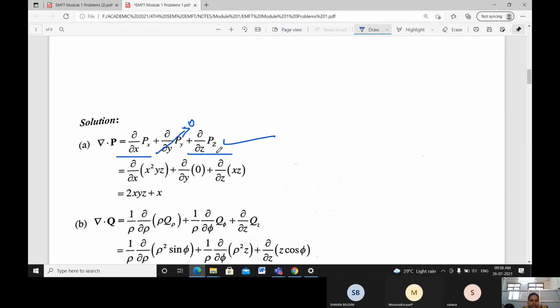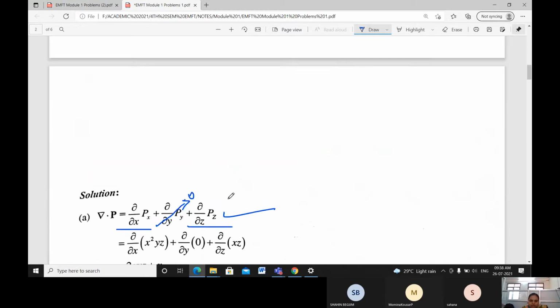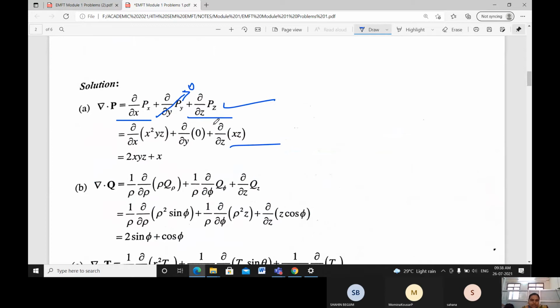Py is not given, then Pz is xz, that you have to substitute here. Then differentiate. What is the differentiation of x squared? It will be 2x, yz will be constant, and differentiation of xz with respect to z you will get x only. Here this will be 0, so what you will get is 2xyz plus x.